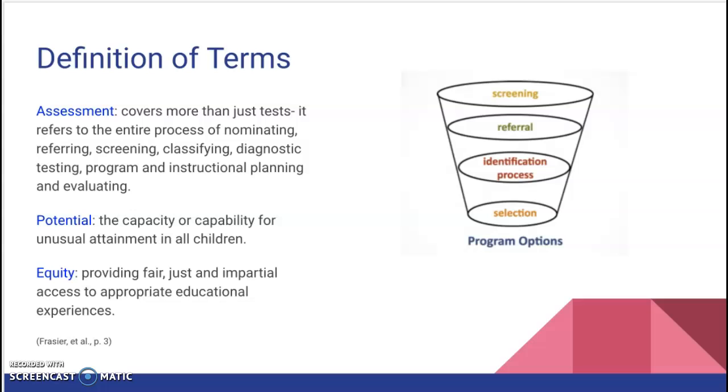So when they talk about assessment in this article, they're talking about the whole process. When they talk about potential, they're talking about the capacity or capability for unusual attainment in all children. And when they discuss equity, they are talking about providing fair, just, and impartial access to appropriate educational experiences.